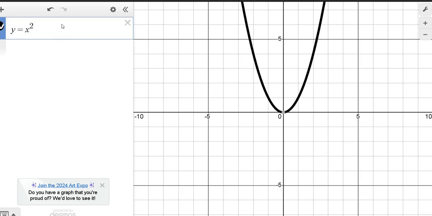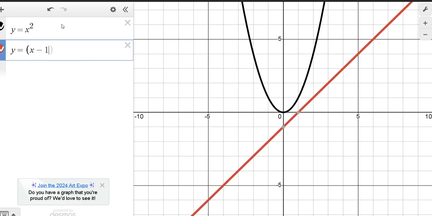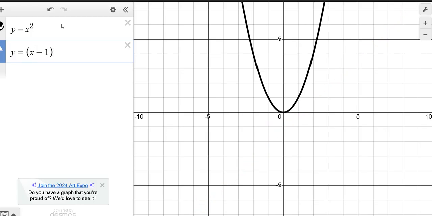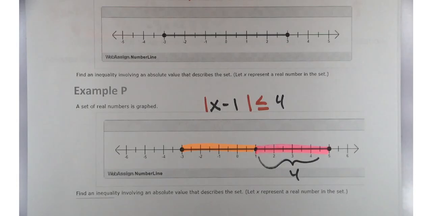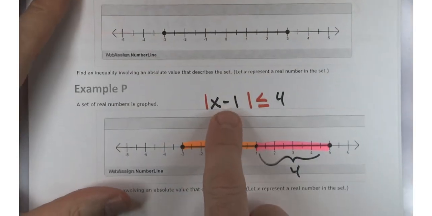If I wanted to shift that graph to the right by, say, 1, I do y equals x minus 1 squared. Because that minus 1, when you put it in your equation like this, it'll be 0 when x is 1, which means the point that was here has been shifted to the right by 1. So it's a little counterintuitive, but if you think it through enough, you will convince yourself that x minus 1 is the correct answer there.